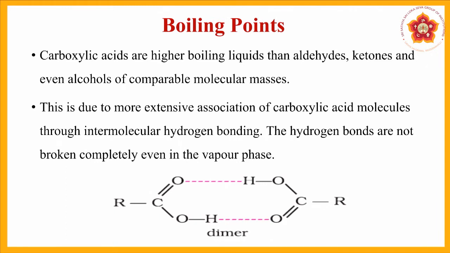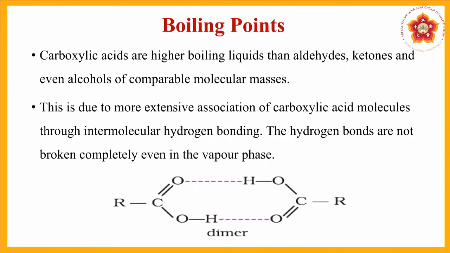Moving further now, let us talk about the boiling points of carboxylic acids, which have a similar concept with respect to aldehydes and ketones, but in carboxylic acids we see that the boiling points are much higher than all these compounds, for example aldehydes, ketones and alcohols.